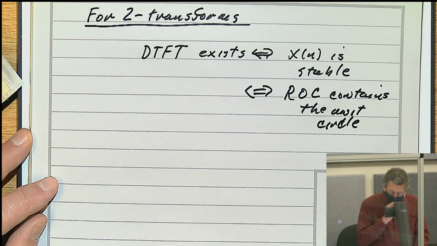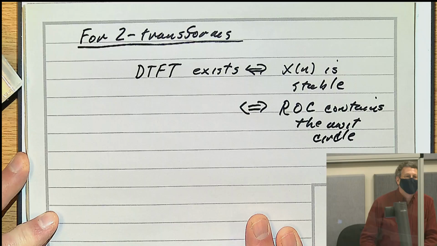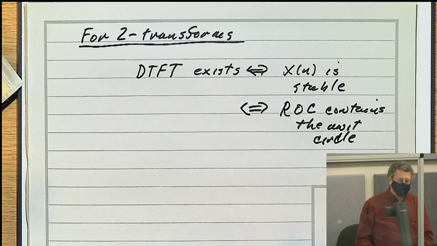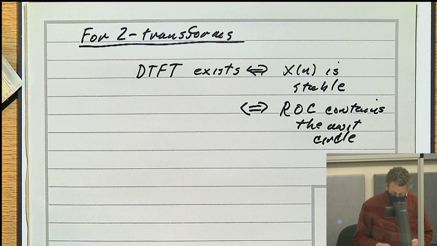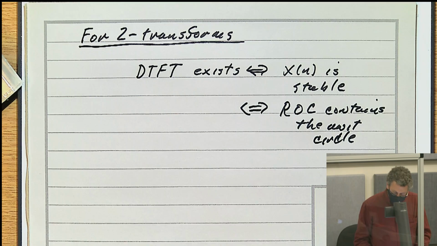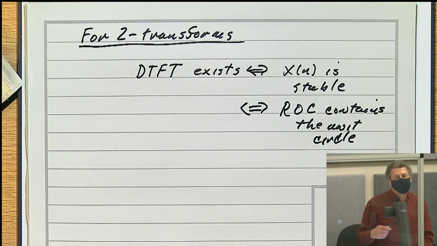Now for a causal signal, the region of convergence always lies inside the poles. So what you may have heard is that a signal is stable if and only if its poles are inside the unit circle. I'm sorry, the region of convergence lies outside the poles.